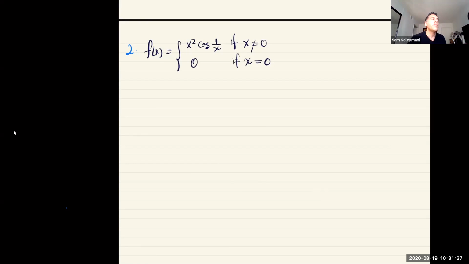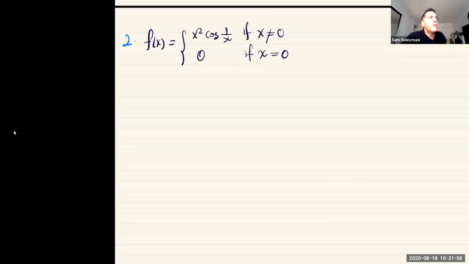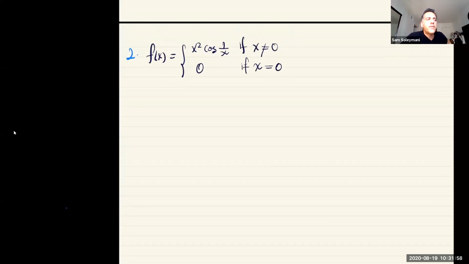Vertical asymptote, not differentiable because it's not continuous. Jump, not differentiable because it's not continuous. So all that stuff plays a vital role. Okay? So look at this function. Does this function seem to be differentiable at all, or continuous?